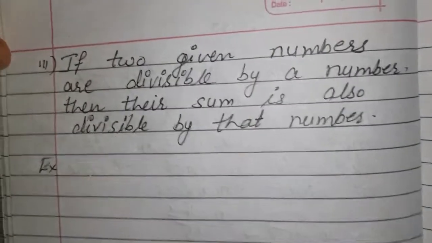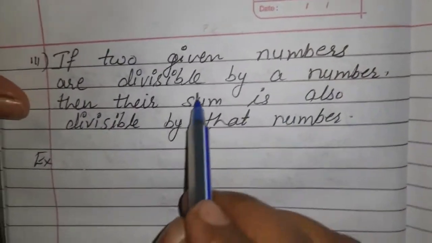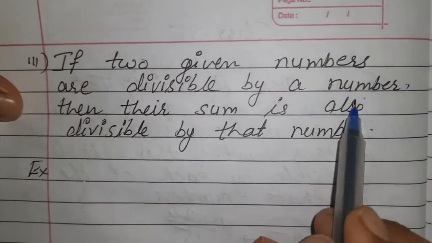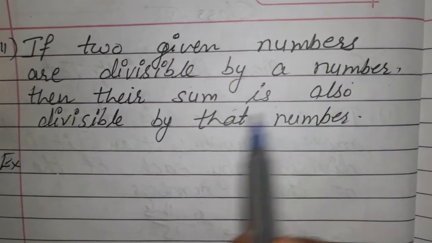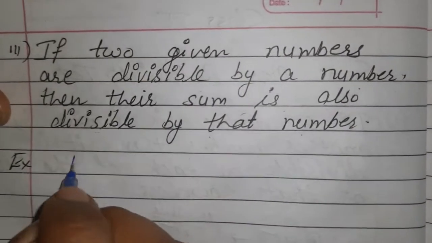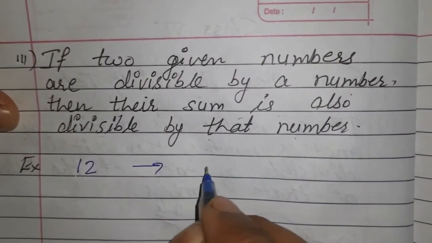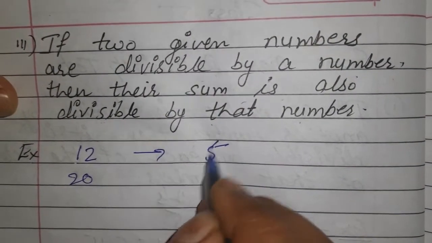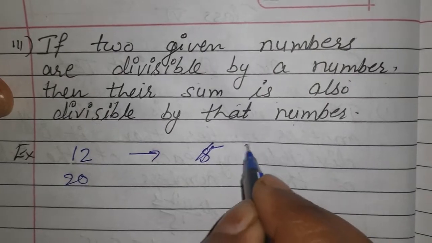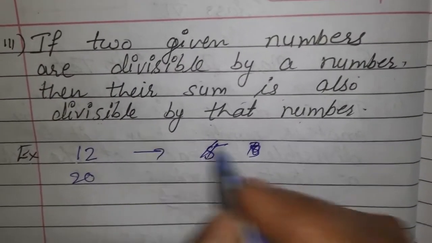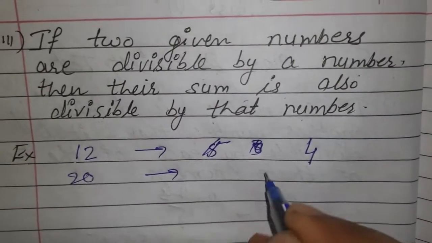Okay. Now the other one, if two given numbers are divisible by a number, then their sum is also divisible by that number. So let us take an example, 12 and 20. 12 is divisible by 4 and 20 is also divisible by 4.